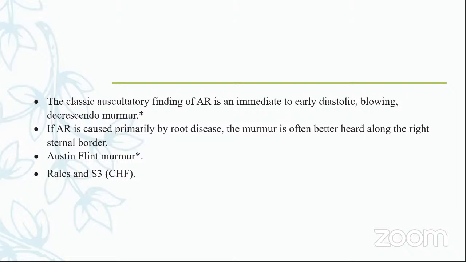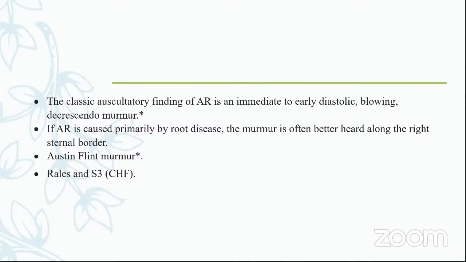The classical auscultatory finding of aortic regurgitation is an immediate or early diastolic blowing decrescendo murmur. If the aortic regurgitation is caused by root disease, the murmur will be heard along the right sternal border.